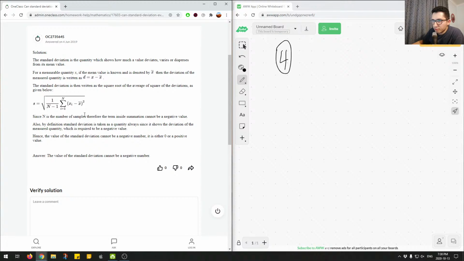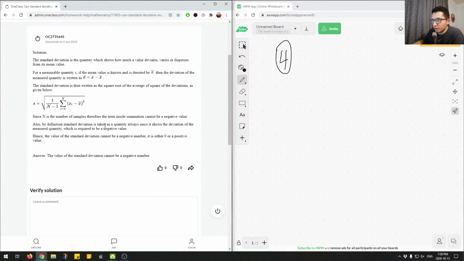Since n is the number of samples, therefore the term inside the summation cannot be negative. So n here is just how many data points you have, and the term inside the summation cannot be a negative value.